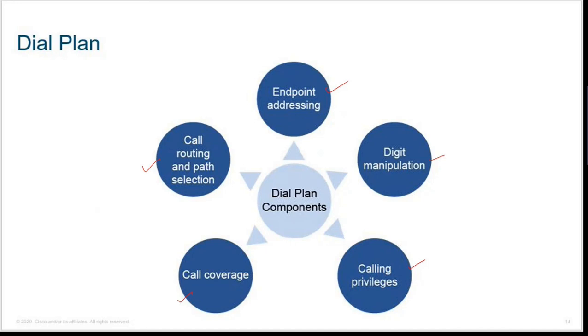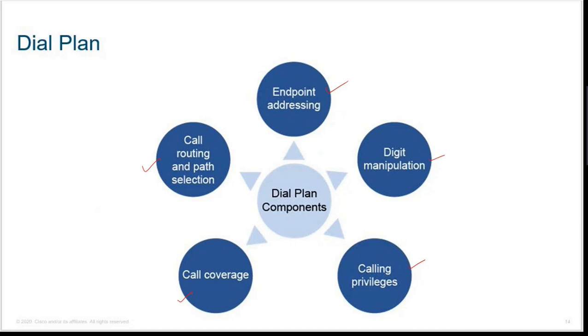Call coverage. Let's suppose you are a customer care office, a pizza delivery customer care center, and you do not want to miss any calls from the customer. You want all the calls to be answered. So make sure call coverage is implemented. Based on different algorithms, it makes sure that all the calls will be answered for the same DN, which is applied on n number of devices, not just one.